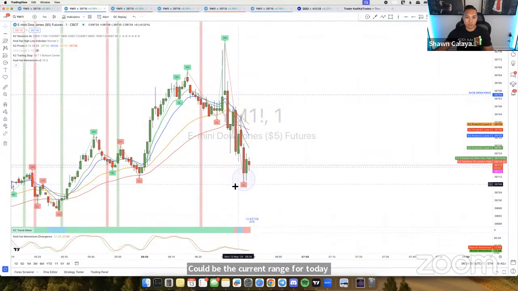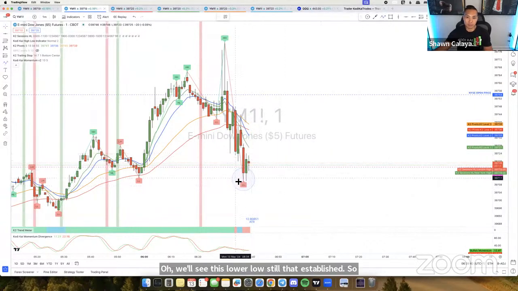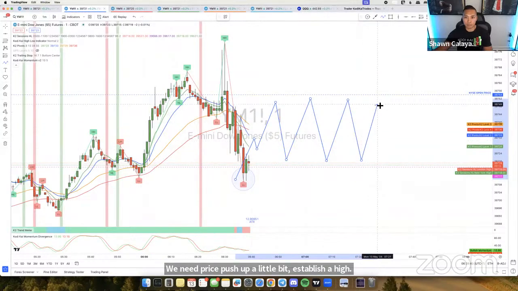Well, we'll see. This lower low is still not established. In order for this to be established, we need to get a new high. So we need price to push up a little bit, establish a high, then come back down and establish the range between this area.